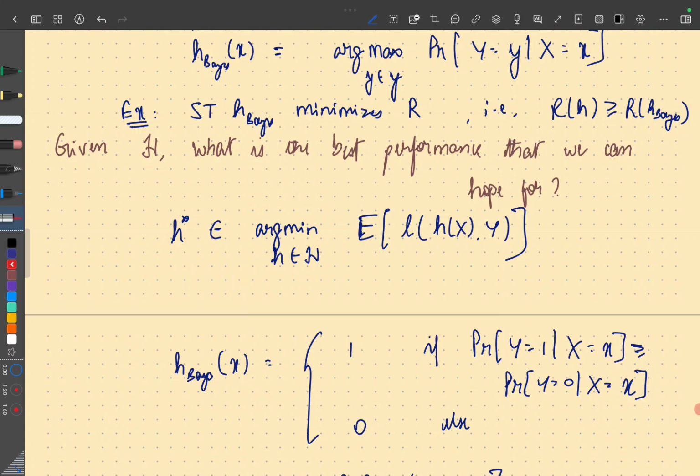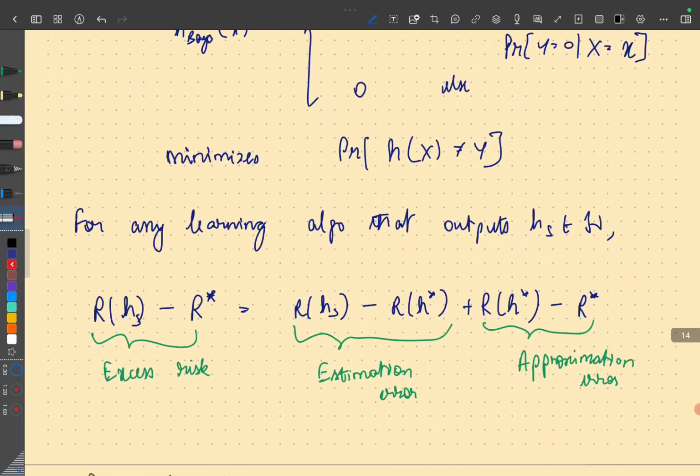Although the minimum value of the risk is unique, the h that achieves this minimum risk may or may not be unique. There could be two different solutions that achieve the same value of minimum risk. But that's okay. You can choose any one. It doesn't matter. Does that answer your question? Okay.